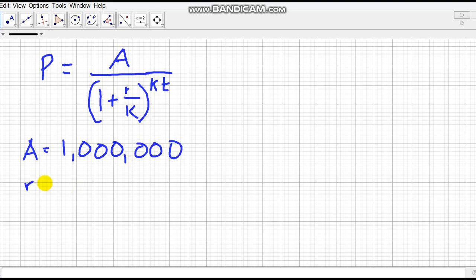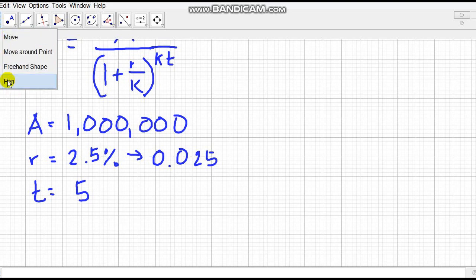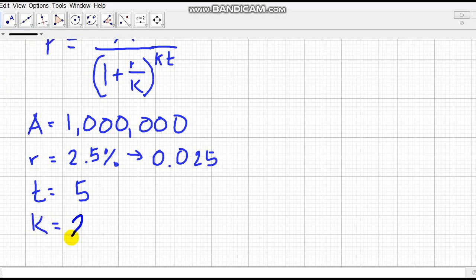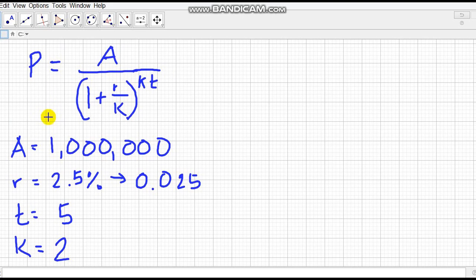And the rate is 2.5%, or it's equivalent to 0.025. And the time is 5 years. Also, remember that the period is semi-annual. So the period is 2. It means that there are 2 compoundings in 1 year.